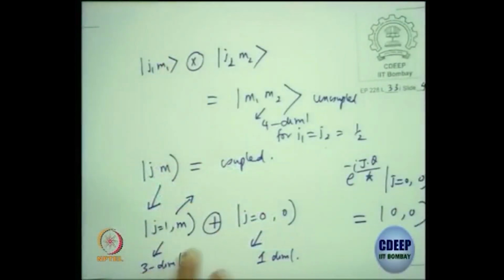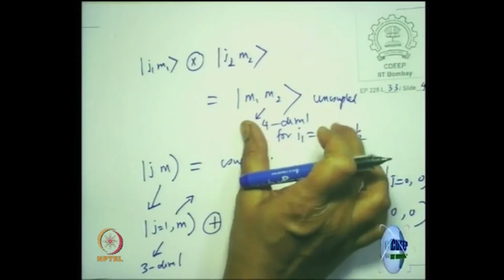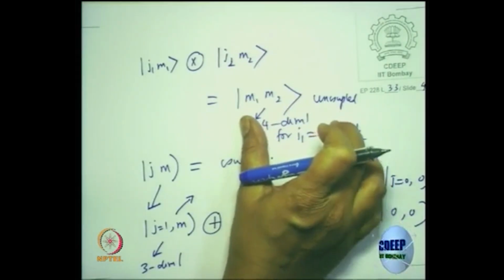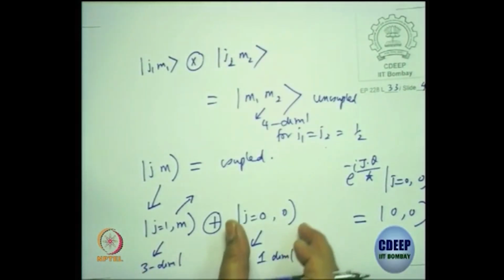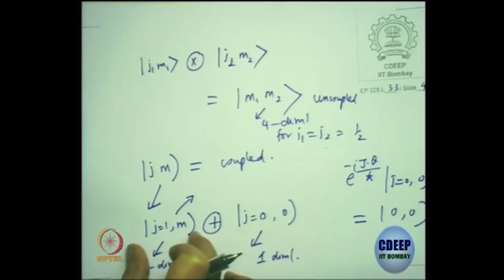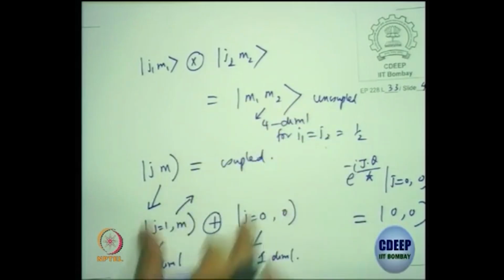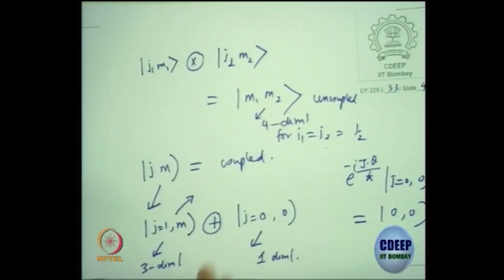So you can see that a total 4-dimensional representation in the uncoupled basis, you can resolve it into specific properties under rotation: a state which is invariant under rotation, another state which is behaving like a vector under rotations, 3 components. So this resolution is what we did by the CG coefficients. Remember, we did the CG coefficient where we did this resolution.